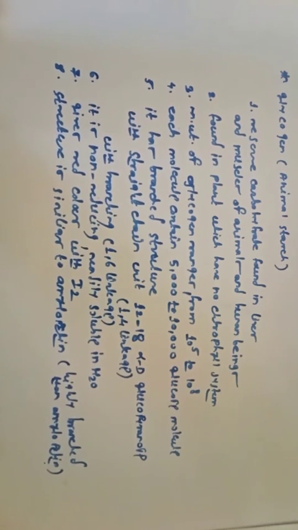So this is all about the storage polysaccharides. We discussed the two important storage polysaccharides: starch, which has plant origin, and glycogen, which has animal origin. In the next lecture, we will discuss the structural homopolysaccharide, that is cellulose. Thank you.